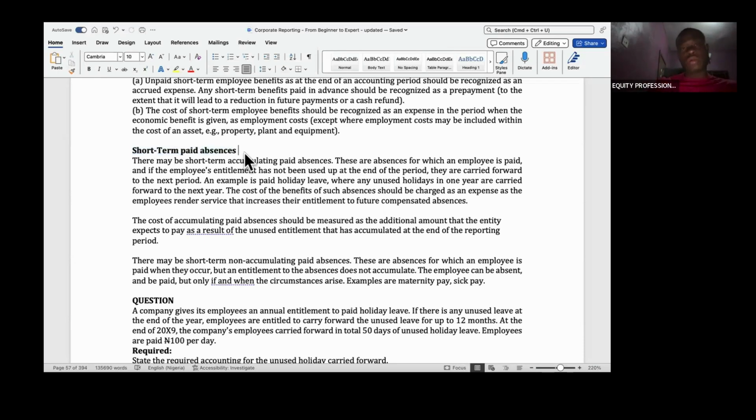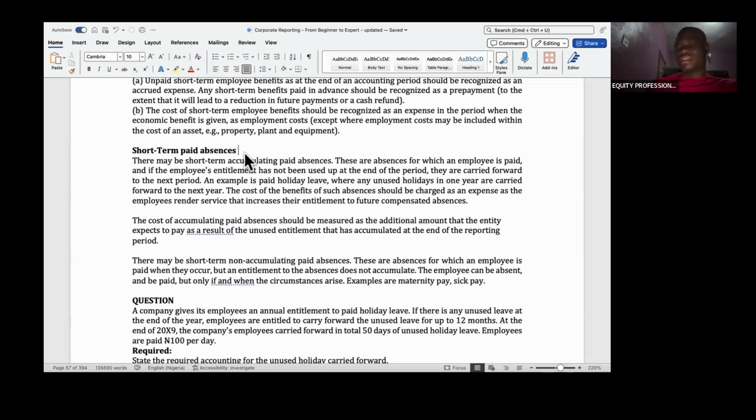You did not work, but we are still paying you. That's short-term paid absences. And a typical example is our annual leave.